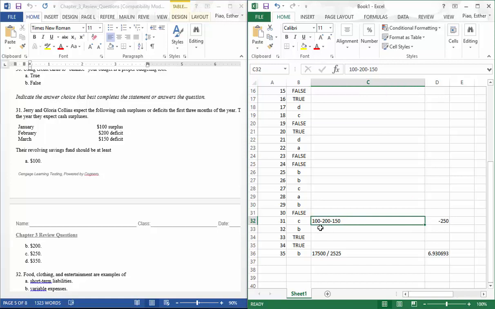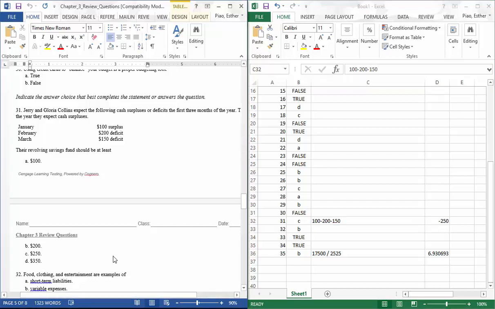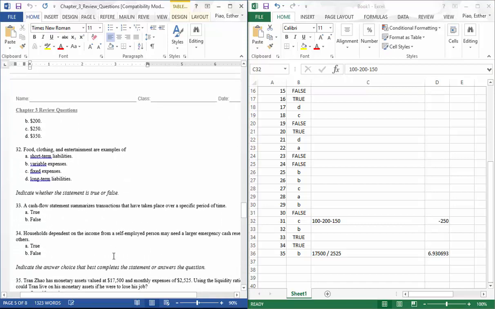Since they have a $100 surplus, and they had 200 and 150 deficit, they are 250 short. So we can say that their revolving savings should at least have 250 to be able to offset their deficit.